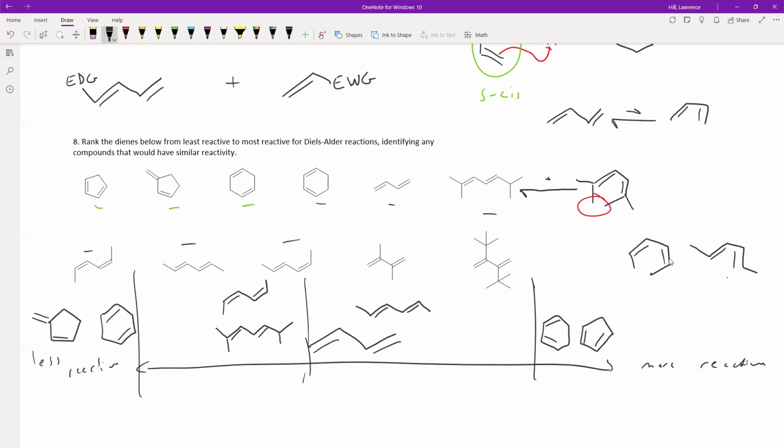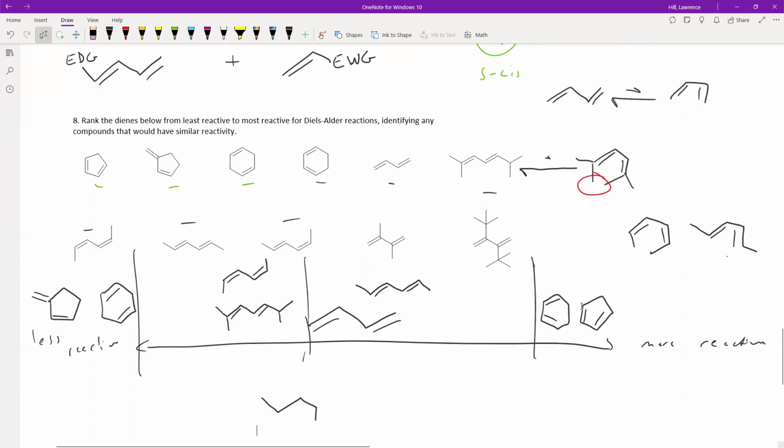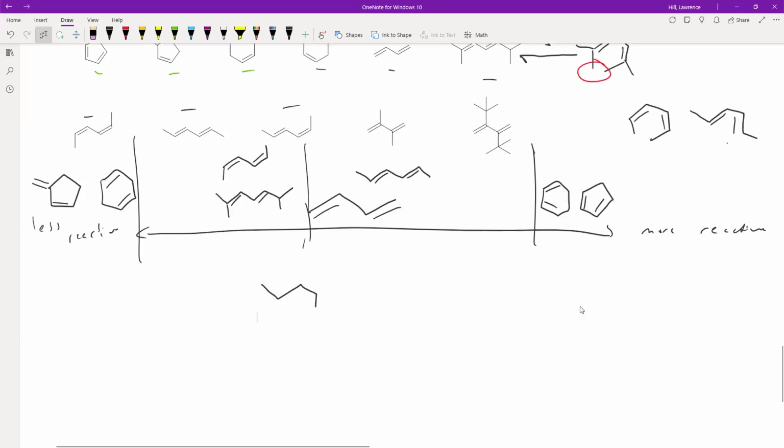What if you have one in each direction? So this one here is running out of room. And this is where you have to be careful with your rotations. And so now we have one sort of pointing in on the S-cis conformation and one pointing out.